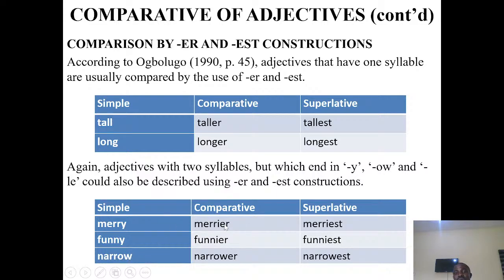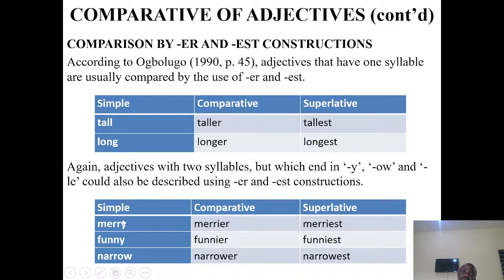We can still use ER and EST construction. So it is wrong for us to say more merry, even though it's a two syllable word. Not more merry, most merry, but merrier, merriest. Narrow, narrower, narrowest. Little, littler, littlest.